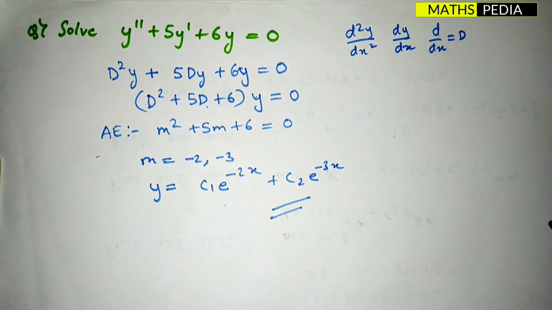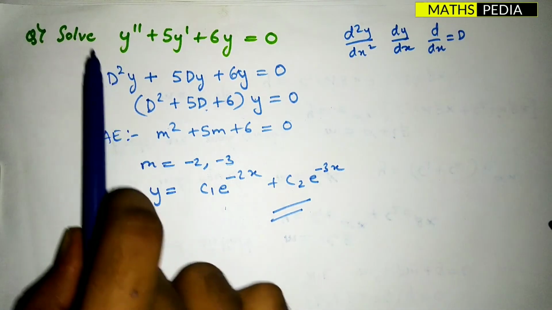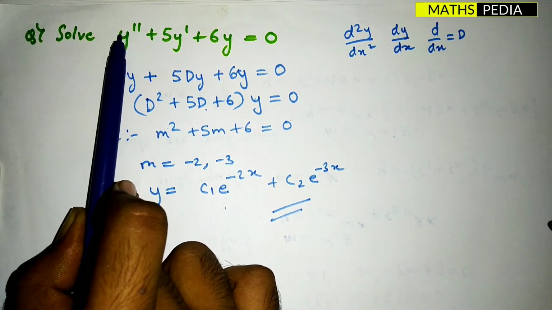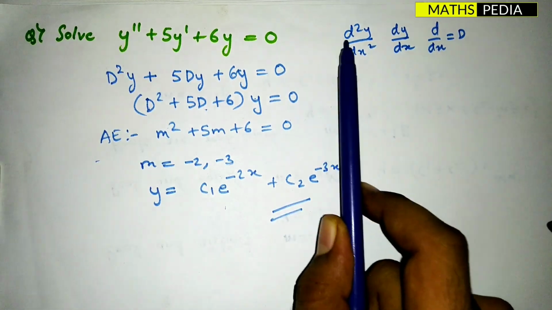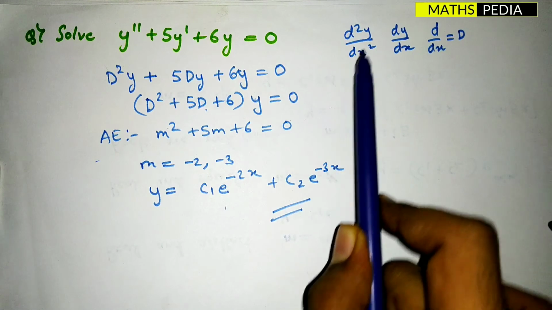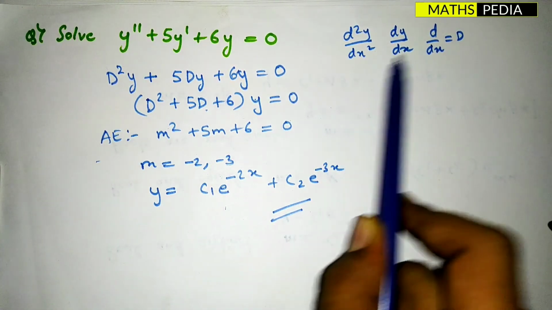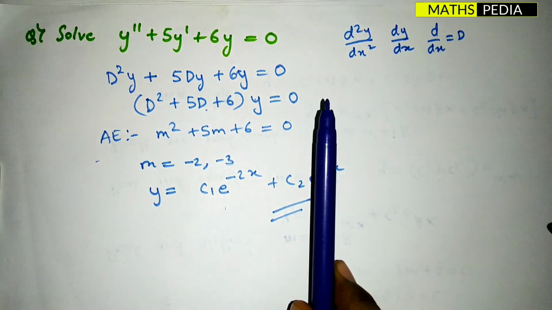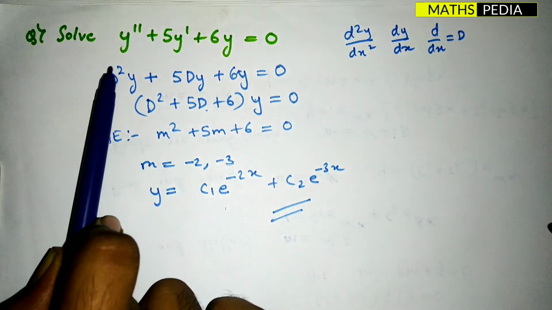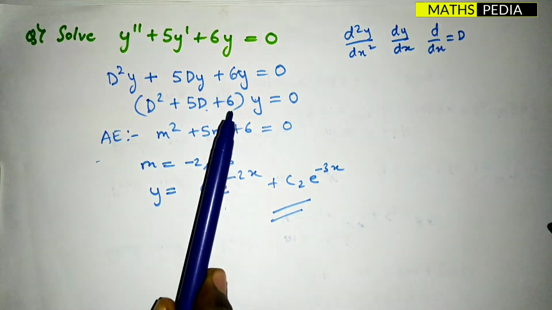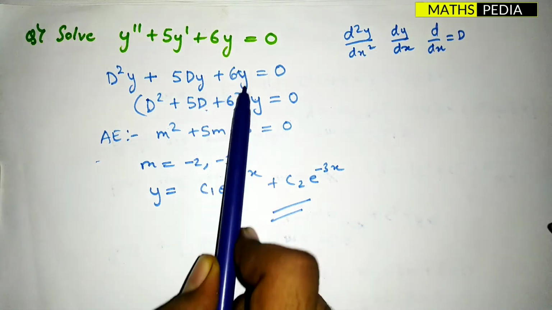I'll just explain once again. A little confusion will be there whenever you see this type of problem wherein y double dash basically means d square y by dx square, and d by dx you consider as D. So y double dash you can directly write as d square into y, y dash means dy, and y remains as it is.